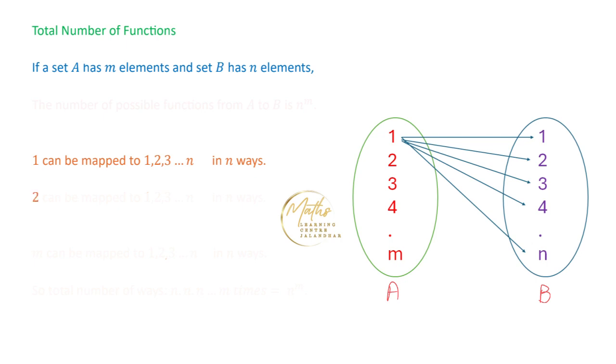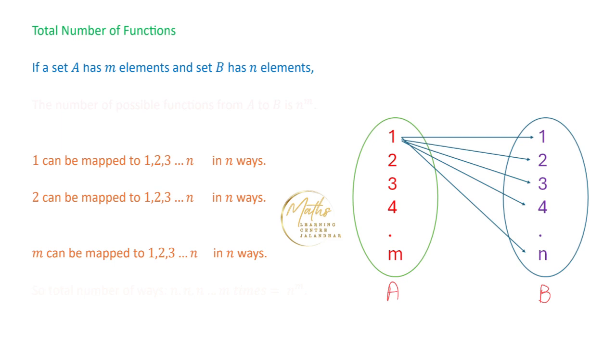Similarly, the second element 2 can be mapped in n ways to any one of these n elements. Likewise, if we continue, this element m from the set A can be mapped to any one of these elements 1, 2, 3, so on up to n. And we are saying there are total n ways.